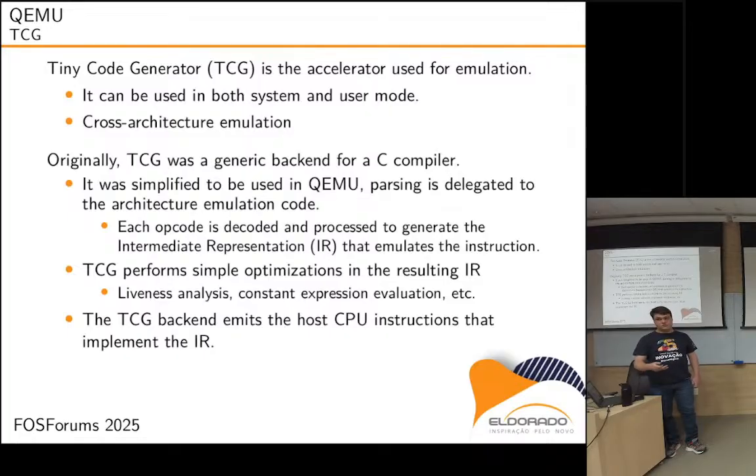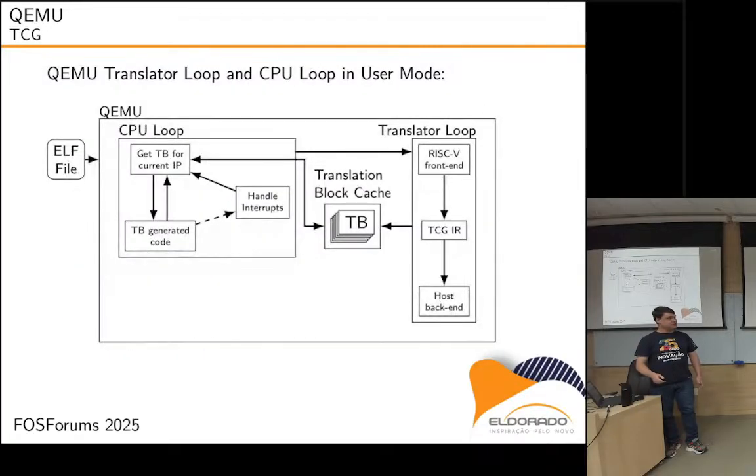So, for instance, you have the RISC-V parser that will decompile the RISC-V instructions and generate the TCG intermediate representation, and then the TCG backend will compile this intermediate representation back to instructions that your processor can execute. So here's a simple image, like an 8,000 feet view of the process.